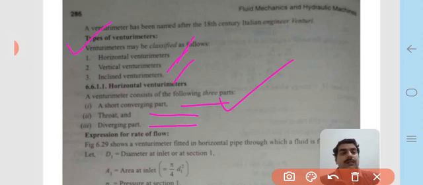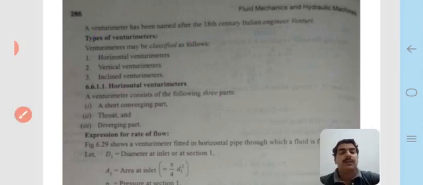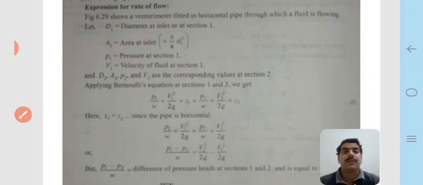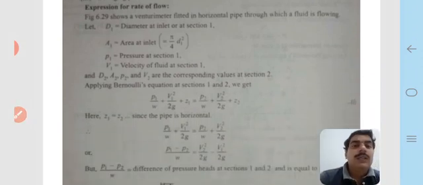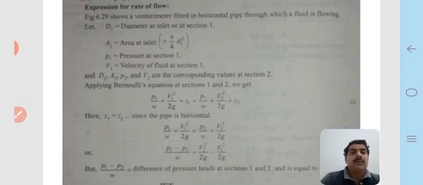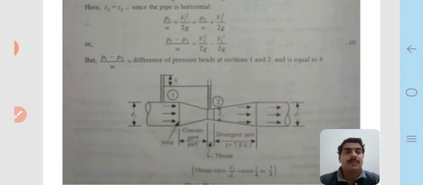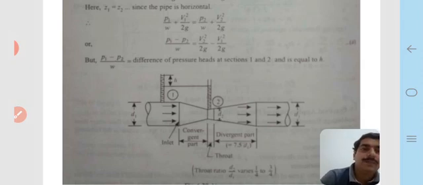Now, the expression for the rate of flow through the Venturi meter. In the given figure, the Venturi meter is fitted in a horizontal pipe through which fluid is flowing. The diameter of the inlet pipe is taken as d1, and the throat diameter is taken as d2 at section 2.